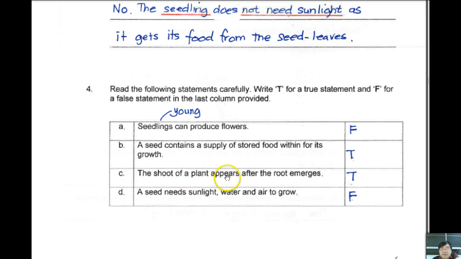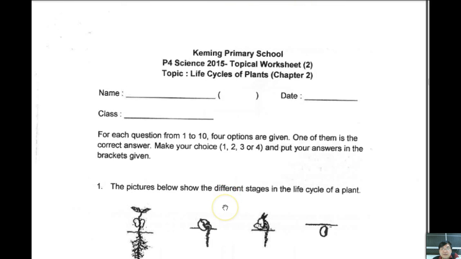The shoot of a plant appears after the root emerges. True. Next, a seed needs sunlight, water and air to grow. A seed needs sunlight? No, not necessary. Whether you have light or not does not affect its growth. Just water and air, and the food is being supplied by the seed leaves. So this is false. Let's carry on.